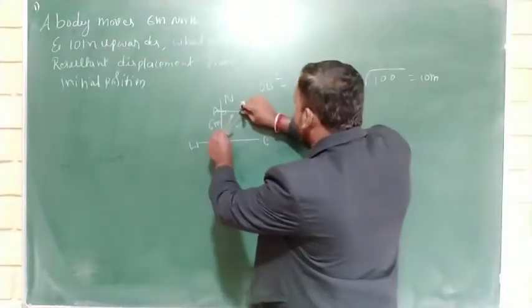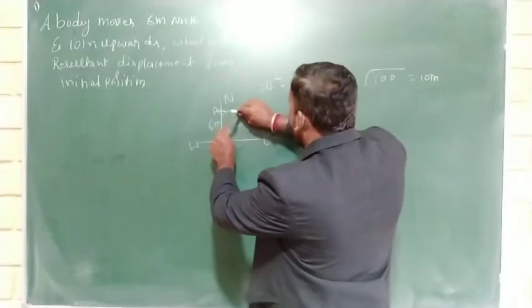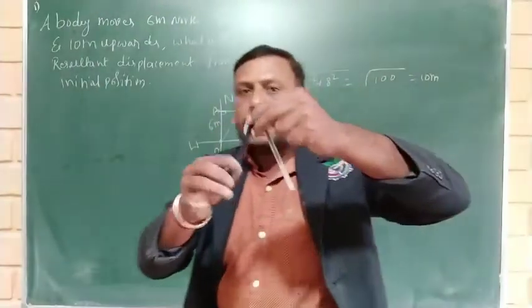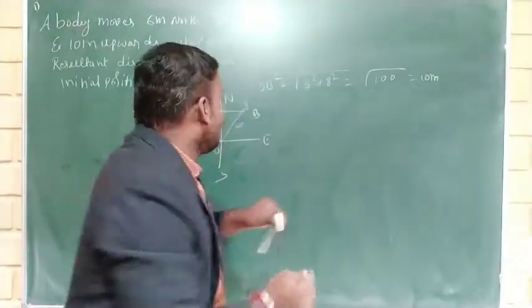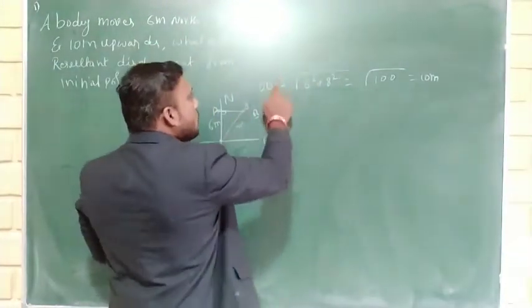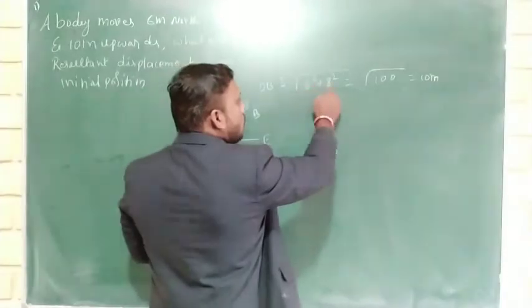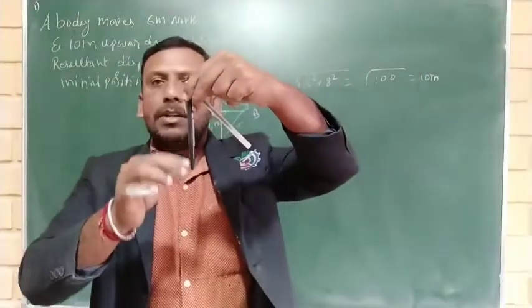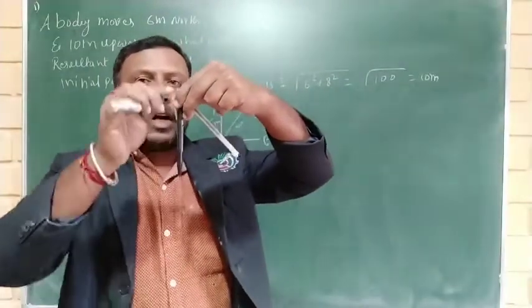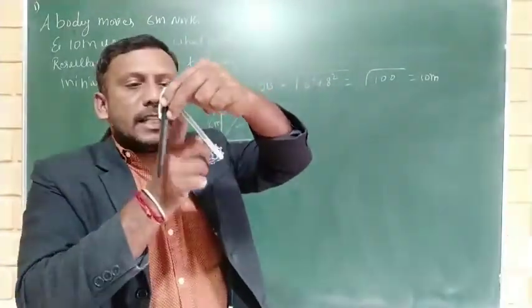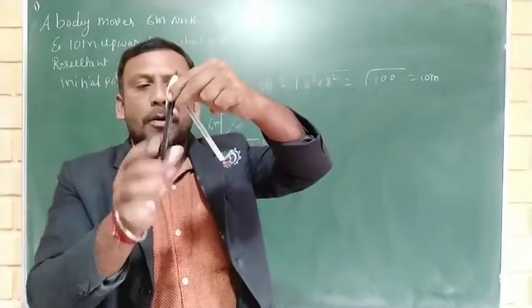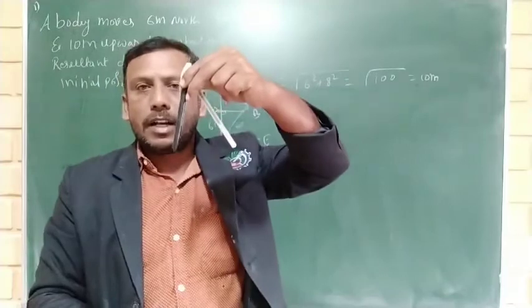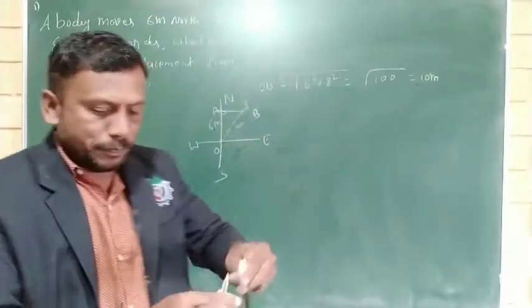Therefore, what is the resultant displacement? This length we already calculated. This length is OB. OB is equal to square root of 6 square plus 8 square, that is 10 meter. This length is 10 meter upward direction, and this is the resultant displacement from the initial point.